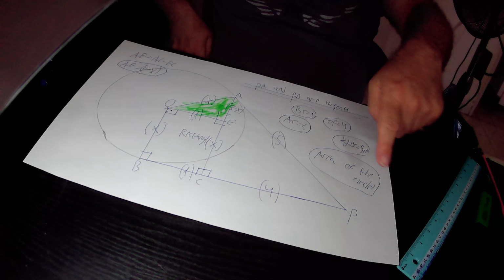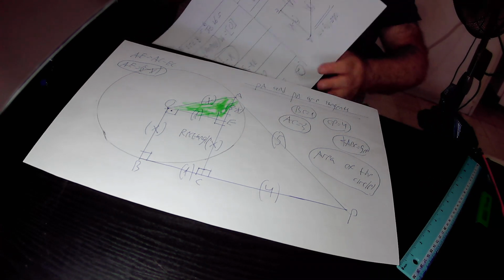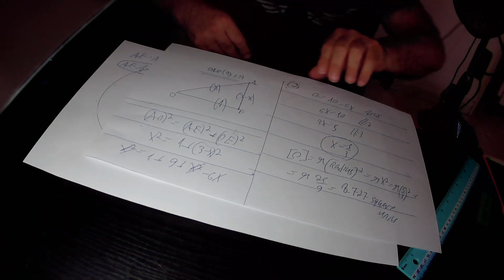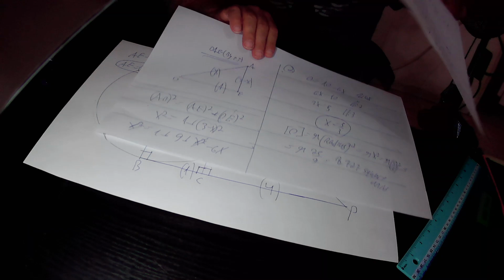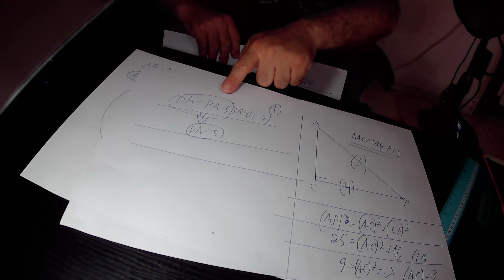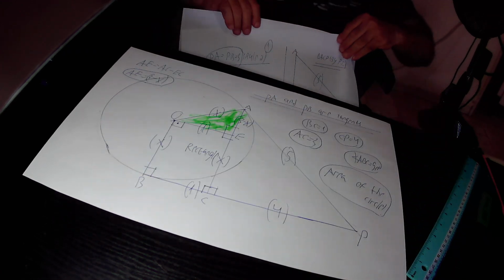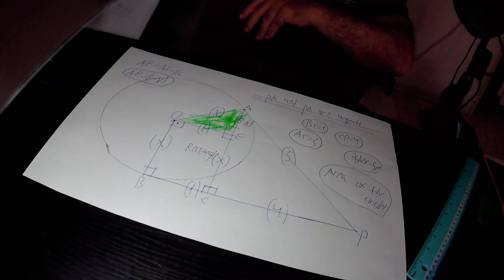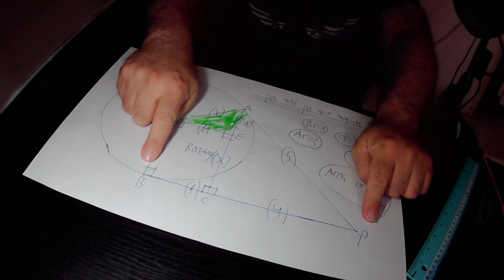The question gives that PA and PB are the two tangents to this circle, and according to rule 2, the length of tangent PA is equal to the length of tangent PB. But according to what is given in the question, PB in total equals 4 plus 1, that is 5.